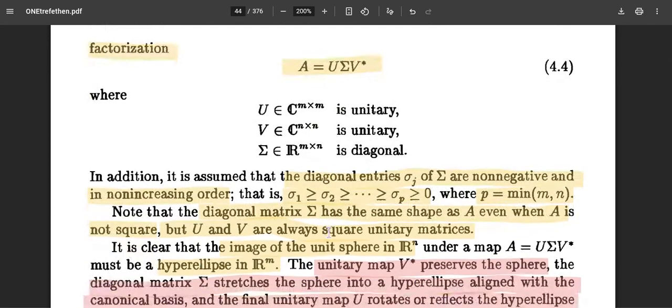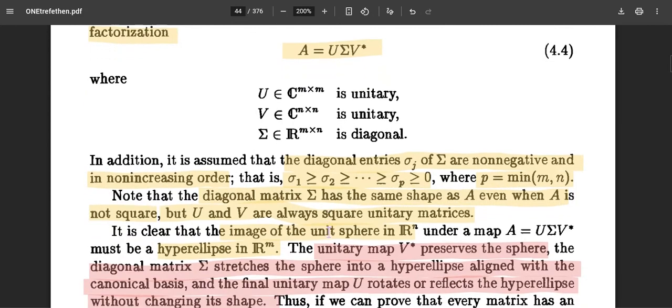So if it is rank-deficient, it can be arbitrarily r non-zero values. Here m is not necessarily larger than n. If n is larger than m, it can also be a fat matrix, where sigma 1 to sigma n are greater than 0, based on the minimum of m comma n.